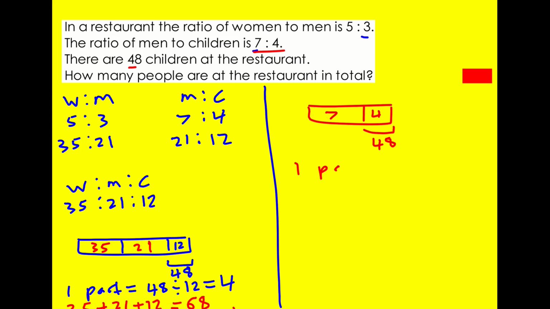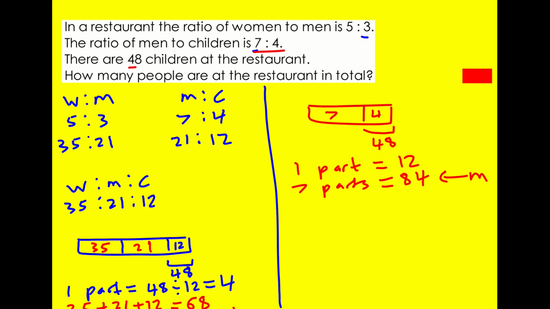So one part in this ratio would also equal 12. And so 7 parts, sorry, it wasn't 12 before, it was 4. Sorry, 1 part would equal 12. So 7 parts will be 7 times 12, which is 84. Okay, so actually that's the number of men.